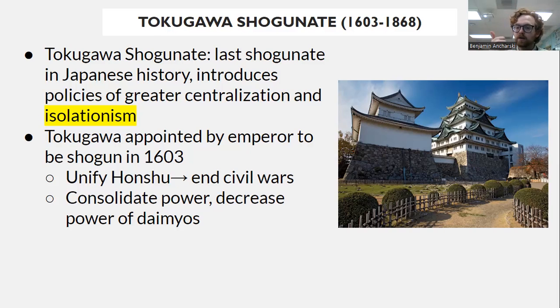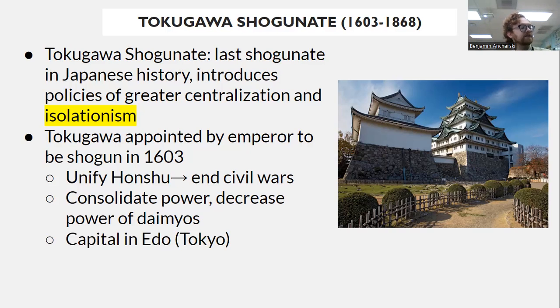We see that in how the military power is basically regulated and handed out during times of crisis, during times when the Tokugawa family deems it necessary to grant military power to the daimyos. So we do see that feudalism will continue, but the influence of the daimyos will decrease.